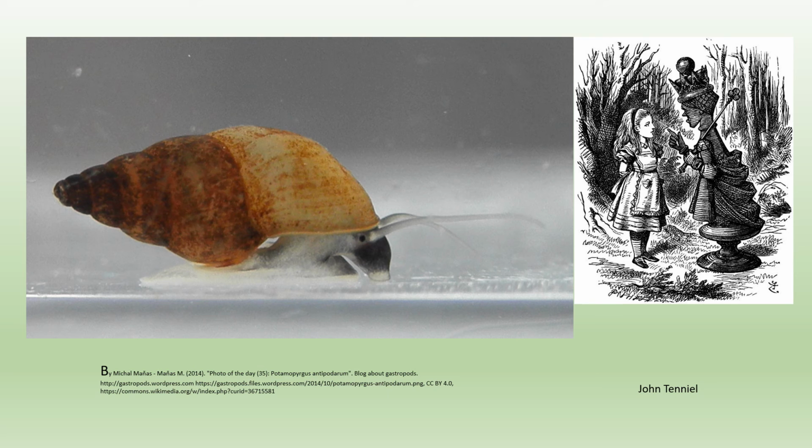So what kind of evidence do we have for the Red Queen hypothesis? Biologists can use organisms, such as this snail over here, that can do either sexual or asexual reproduction to see if this idea about an arms race is true.